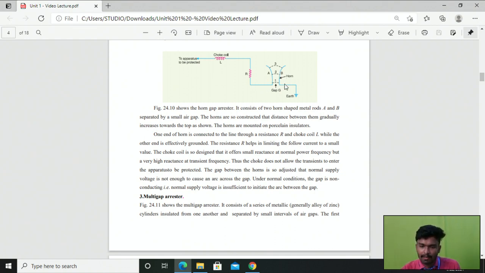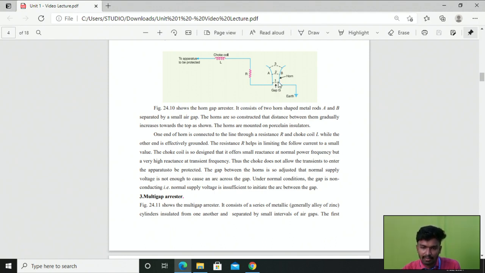During normal operating conditions, the arc is not created due to insufficient supply voltage, but on the occurrence of a fault we have sufficient voltage to maintain the arc. So at that time the arc is created between these two metal rods. Then, due to the heat and air circulation, the arc starts to move upwards.